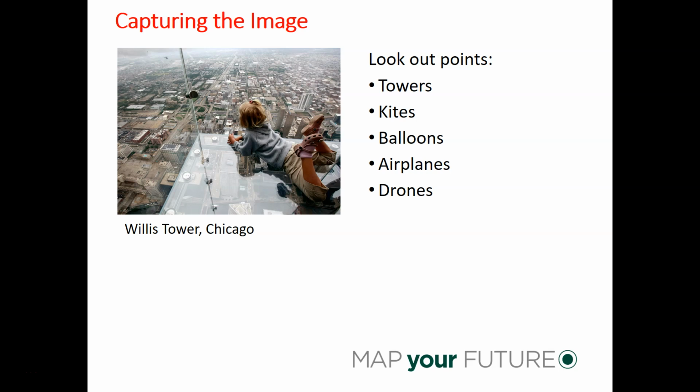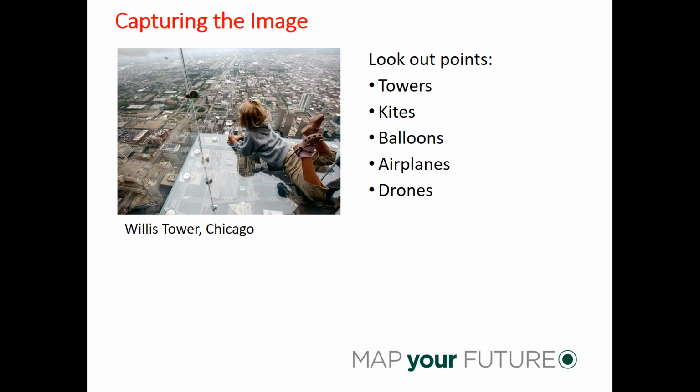And these days we use drones more and more commonly. The video is going to talk about drones as the source of aerial photography, but there are other sources. You can use towers, kites, balloons.